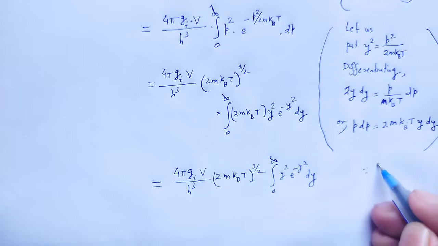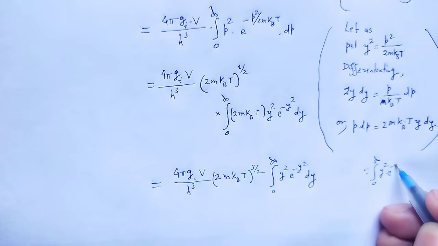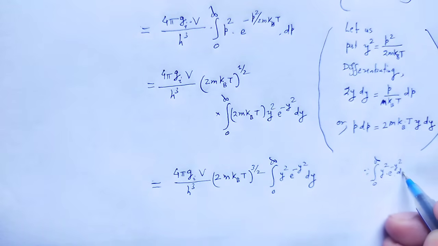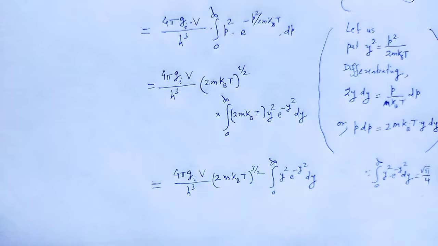That standard integral value 0 to infinity y square e to the power minus y square dy is equal to root of pi divided by 4.